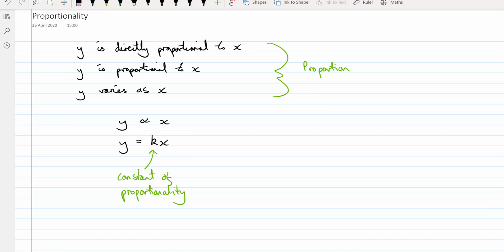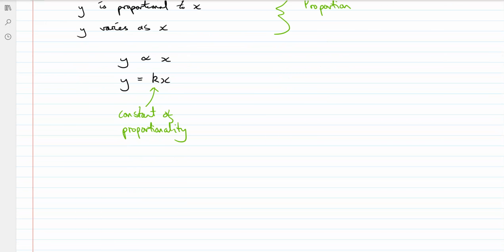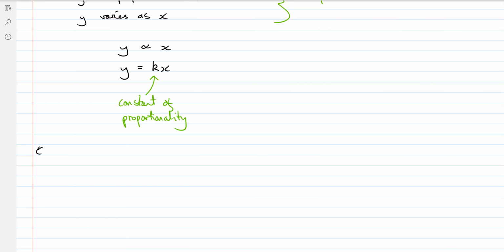Examples. Number one. We'll stick with the easiest type first. y is proportional to x. They will tell you the definition for the question, and then they'll give you some boundary conditions.